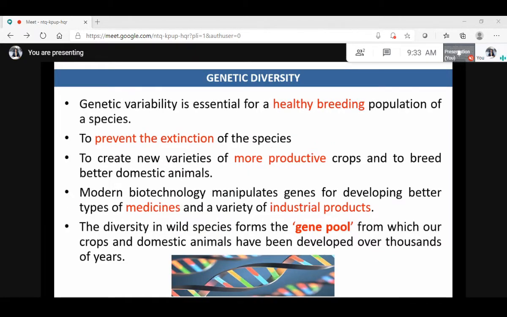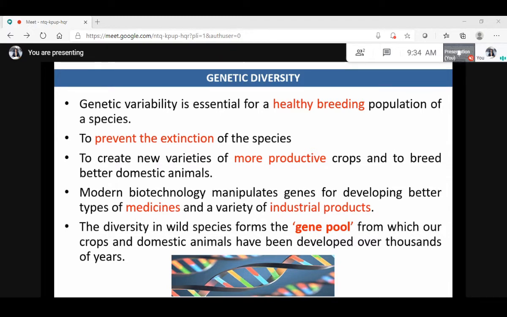Genetic variability is essential for a healthy breeding population of a species. Genetic diversity also helps to prevent the extinction of the species. It also helps to create new varieties of more productive crops and to breed better domestic animals.